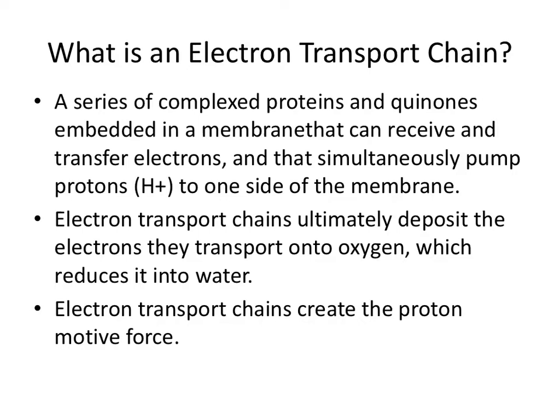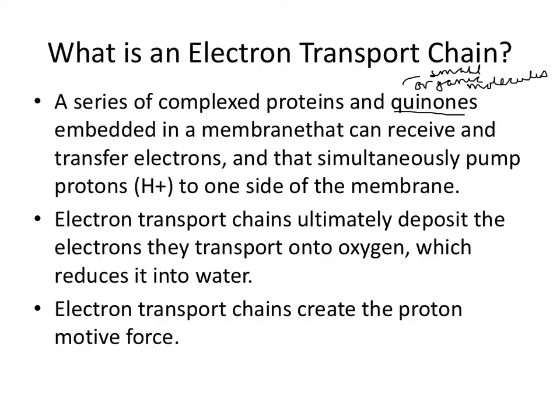So first, what is an electron transport chain? An electron transport chain is a series of complex proteins and quinones. Quinones are small organic molecules that are able to act as electron carriers.